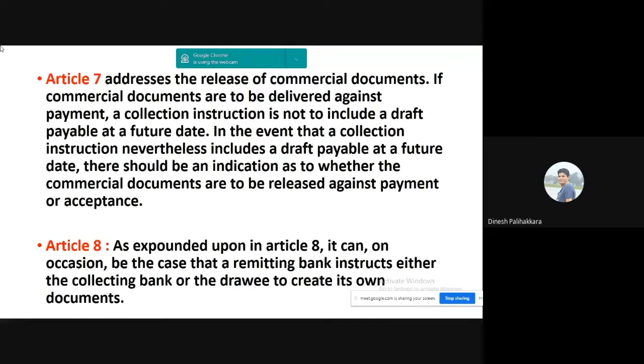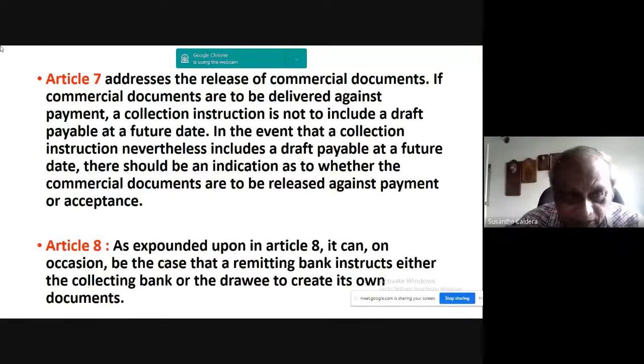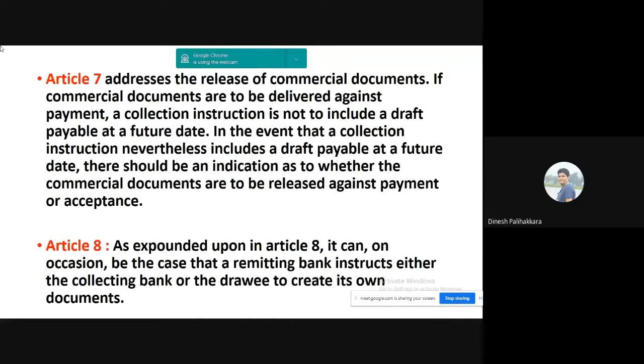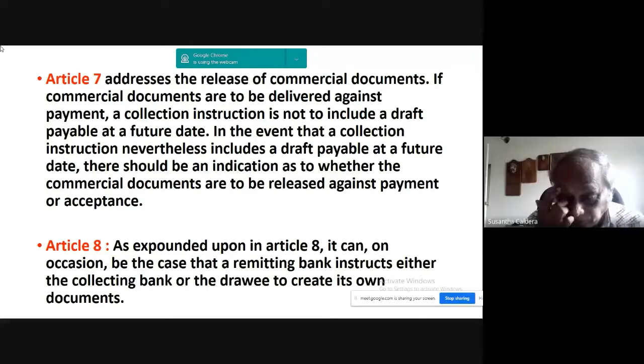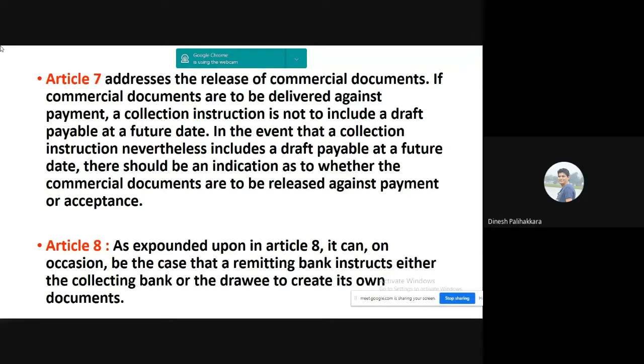Then Article 7. Sir, Sumudu here. Can I disturb you? Yes. So nowadays, due to the forex market illiquid position, most banks are giving priority to the LC payments and trying to delay most of the payments coming under the document collections.